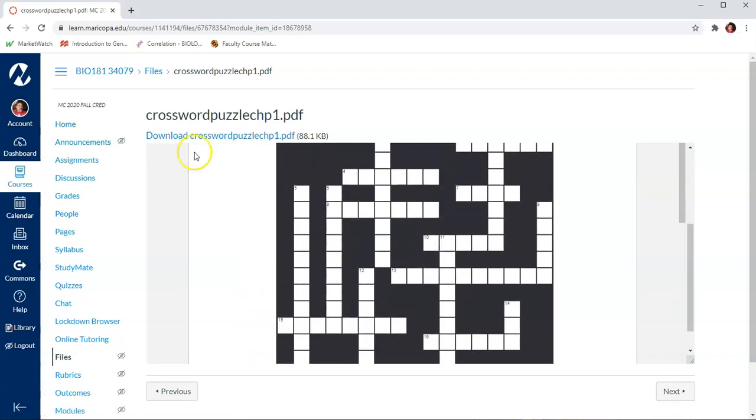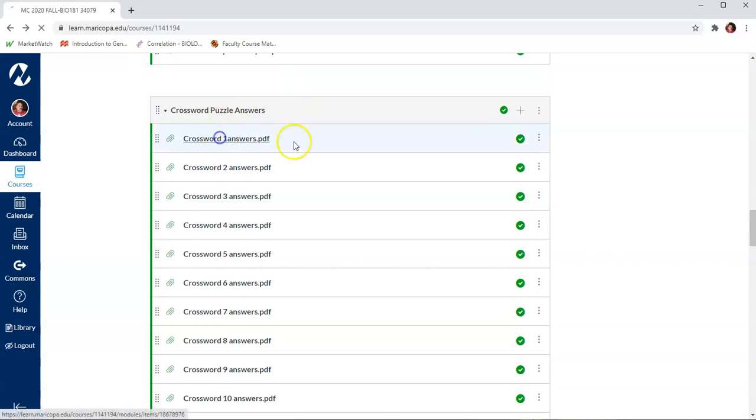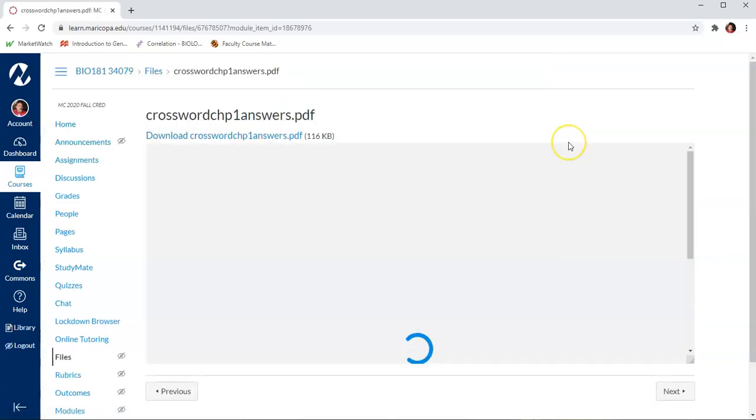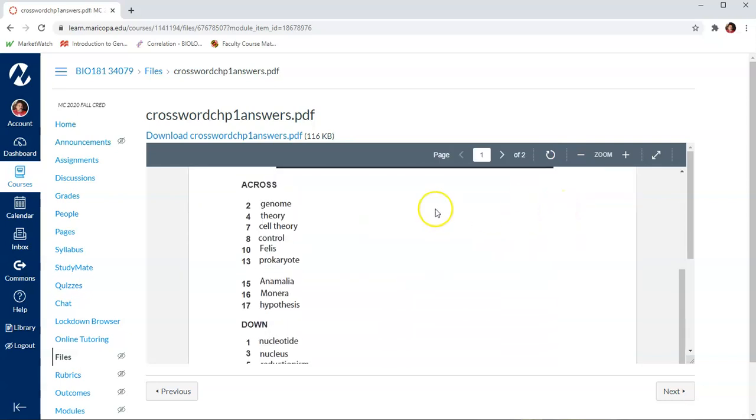We need to go down to the answers. And we can check our work, and two across is indeed genome. So you can check your answers there.